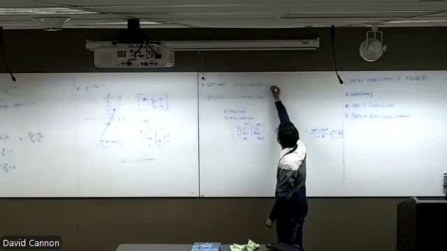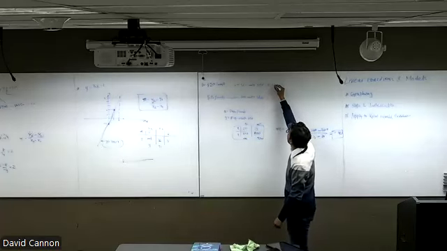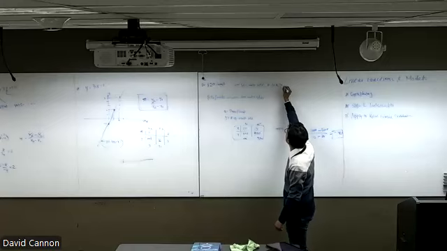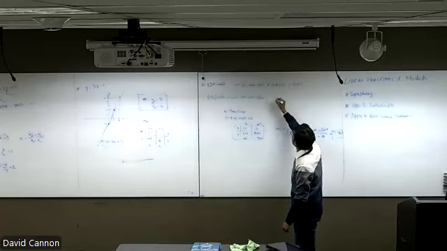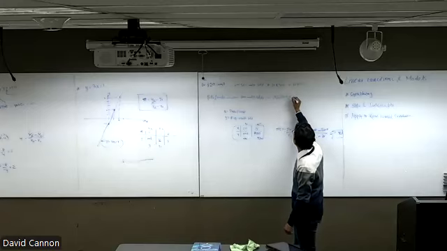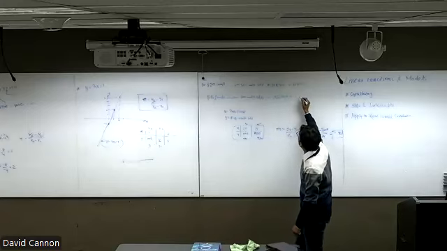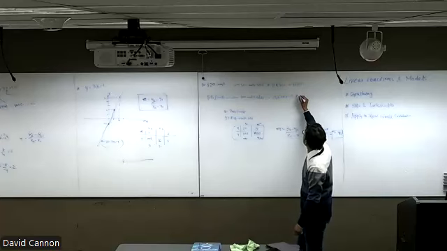If they did this, how much money will they make? 20 times 500, so $10,000. And 15 times 700, how much is this? 10,500.